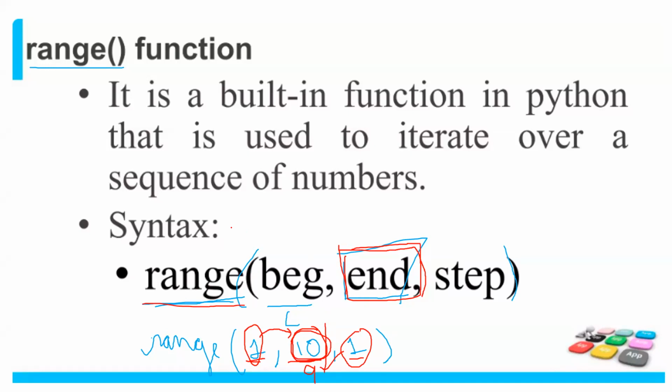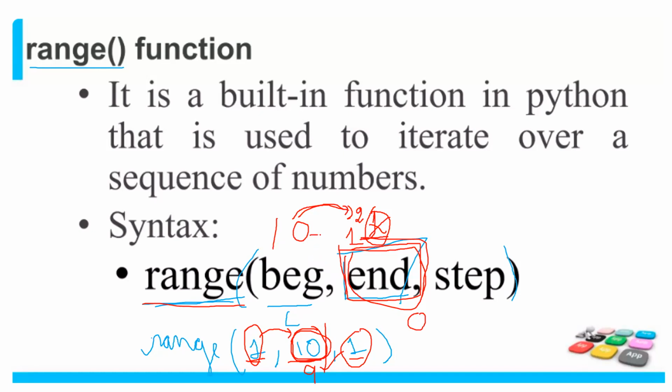In the same way, if you would like to run in reverse order, at that point of time your beginning point will be 10. And at the end, if you are writing 1, that means it will run from 10 to 2, not 1. This part will not be included. This is the point of exclusion. If you want to run from 10 to 1, your end point must be 0.